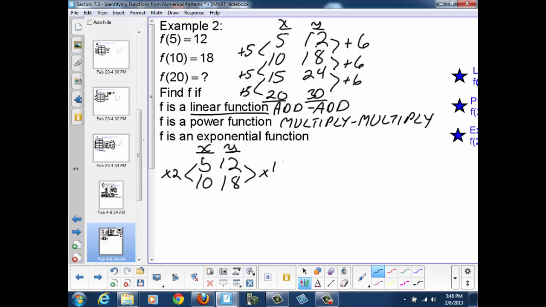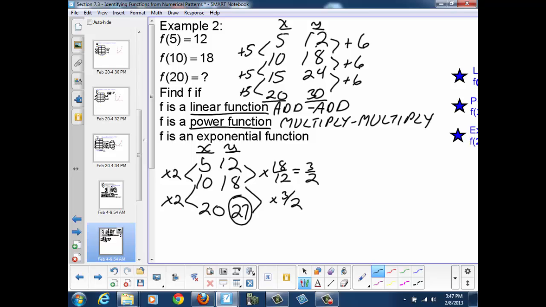So times 18 over 12, which is equal to 3/2. If I continue my pattern here, I go from 10 to 20 by multiplying by 2. So my next value for y, I would have to multiply by the same value I did before, 3/2, and 3/2 of 18 is 27. So f of 20 for a power function will be 27.